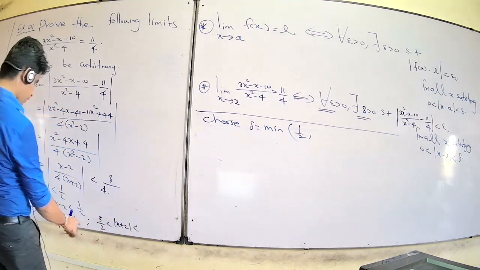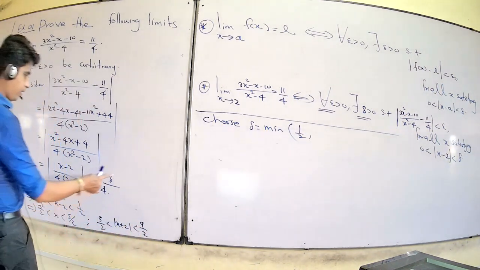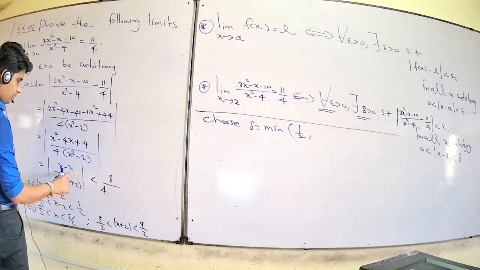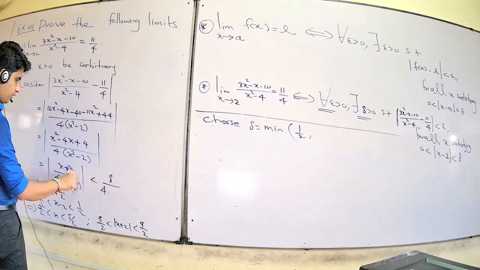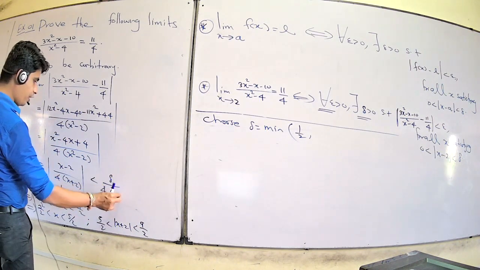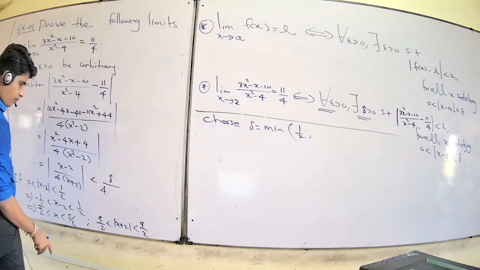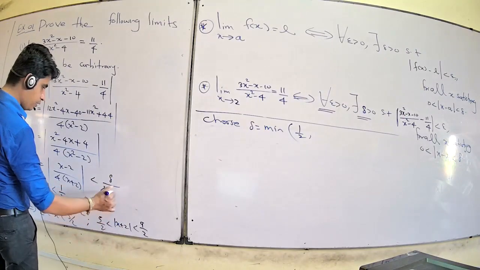Suppose this formula is a, this x minus 2 over x plus 2: to bound it, you want to put here the smallest value, no? Therefore, the possible value for x plus 2 is this one, 5 by 2.